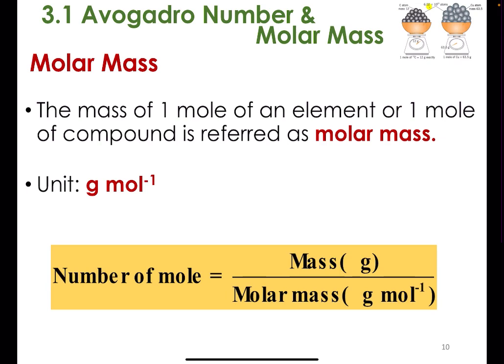So, bila awak cancel out the units, gram, and per mole, bila dia naik atas, dia akan jadi mole kuasa 1. And it's just the same thing as mole. So, that's why when you calculate the number of mole, the unit must be abbreviated as mol.